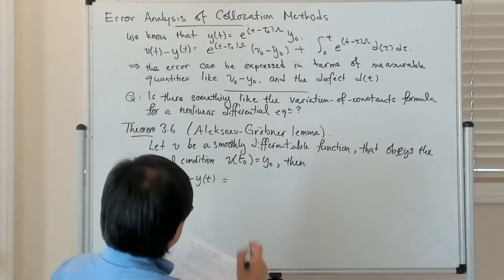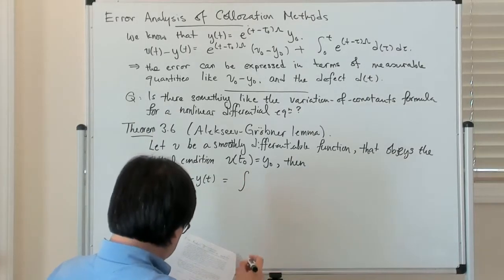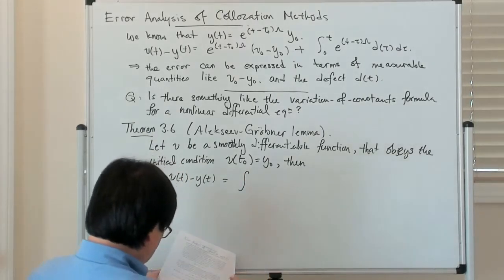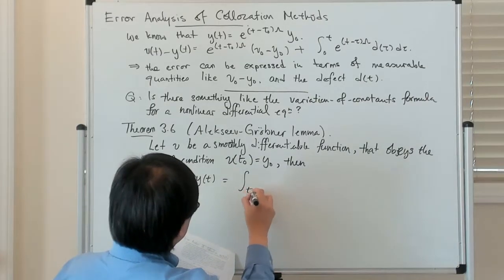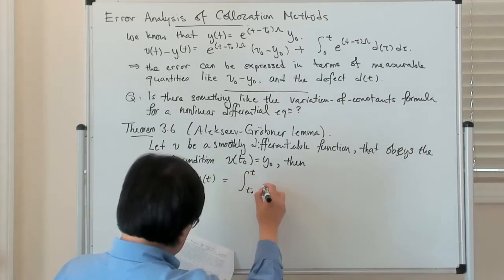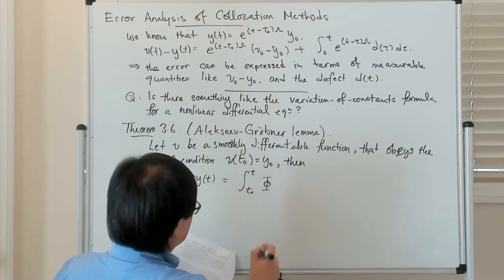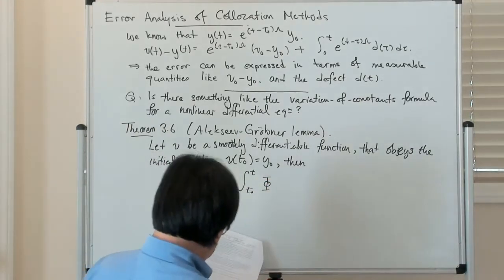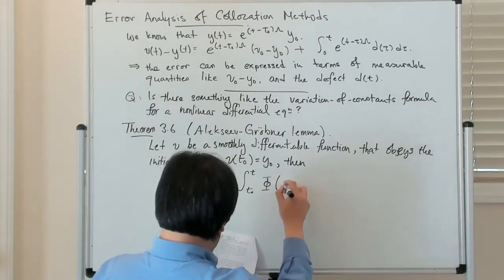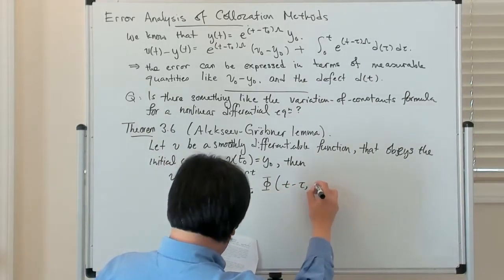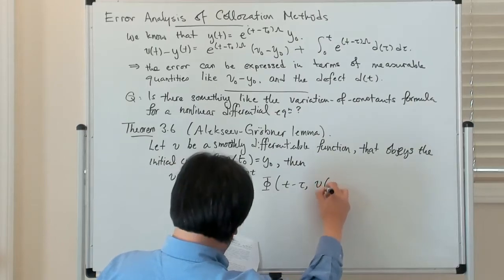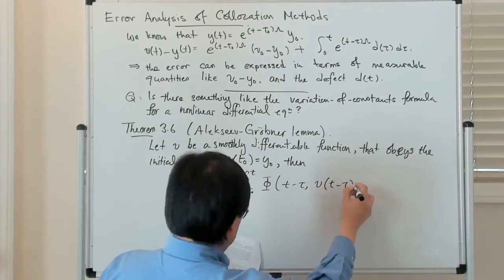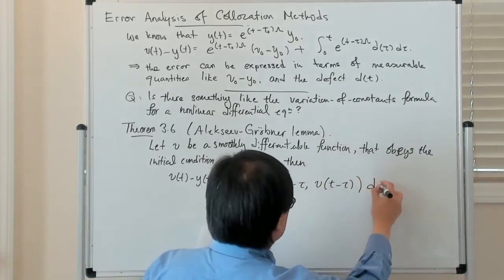In the Alexeev-Grobner lemma, you integrate from t0 to t of some function phi of t minus tau, and then some v of t minus tau applied to d tau.